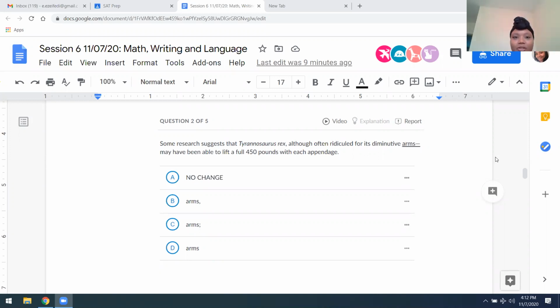Okay, so some research suggests that Tyrannosaurus rex, although often ridiculed for its diminutive arms, may have been able to lift a full 450 pounds with each appendage. So I kind of read it as an answer that is without any dashes or commas or anything, or a semicolon was the other choice.